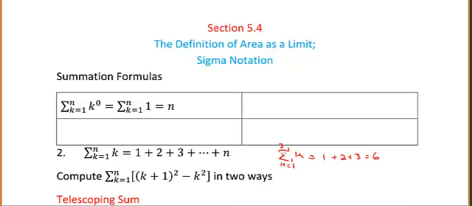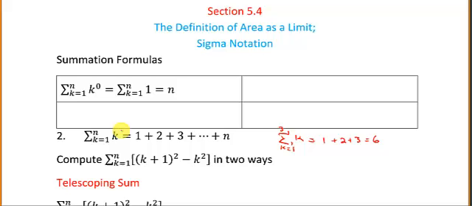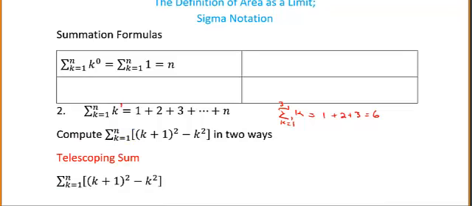Notice that this is k to the first. There's another way that you could look at this, and it's done in your text, so look at your text. But this develops a pattern where we could keep on building. Let's compute the sum as k goes from 1 to n of this expression, (k plus 1) squared minus k squared.